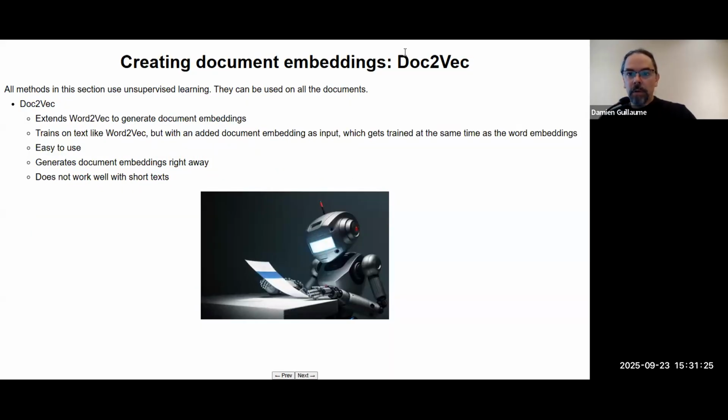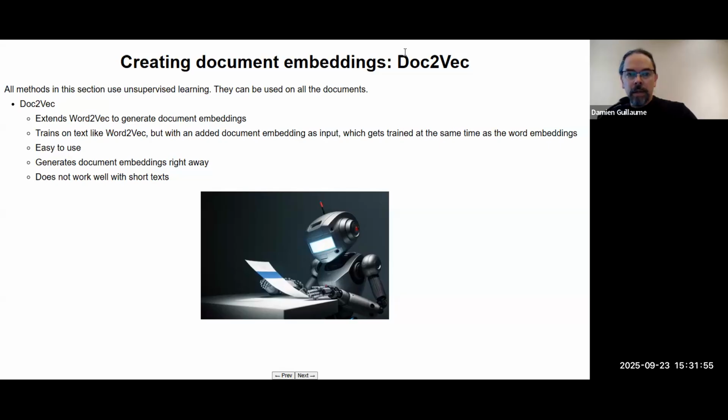There is another method to generate embeddings directly for documents. It's called doc2vec. It's also unsupervised. That extends word2vec. It trains on text like it, but it adds a document vector as input. The document vector gets trained at the same time as the word embeddings. That's pretty easy to use and generates the document embeddings right away.